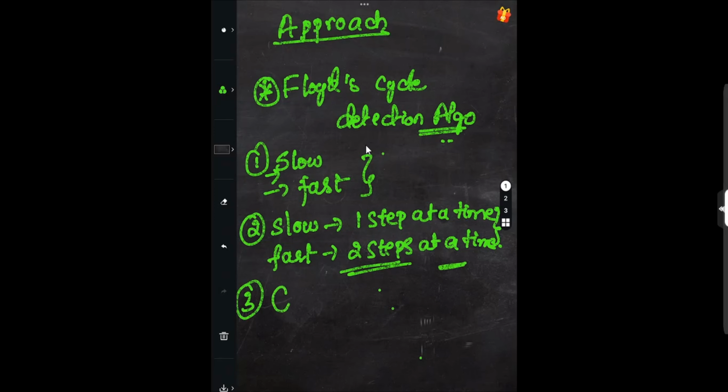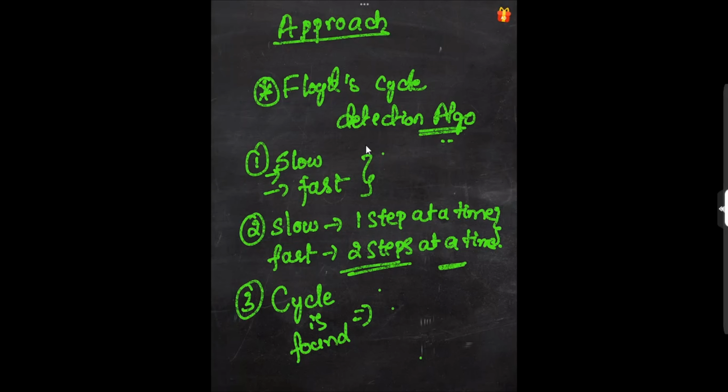If a cycle is found, then slow and fast will eventually meet at some point.